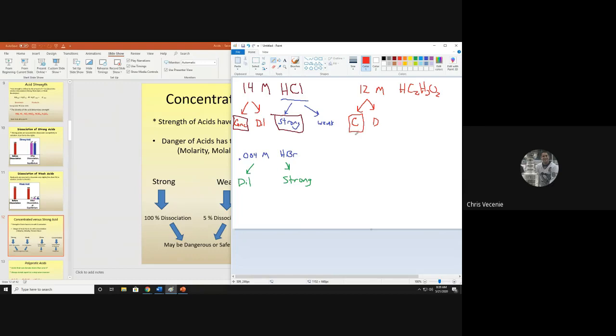It's concentrated. It is dangerous. The formula tells me weak or strong. HC2H3O2 is not on my list of 6, so it is weak. That tells me simply it breaks down 5%. It won't conduct electricity well.